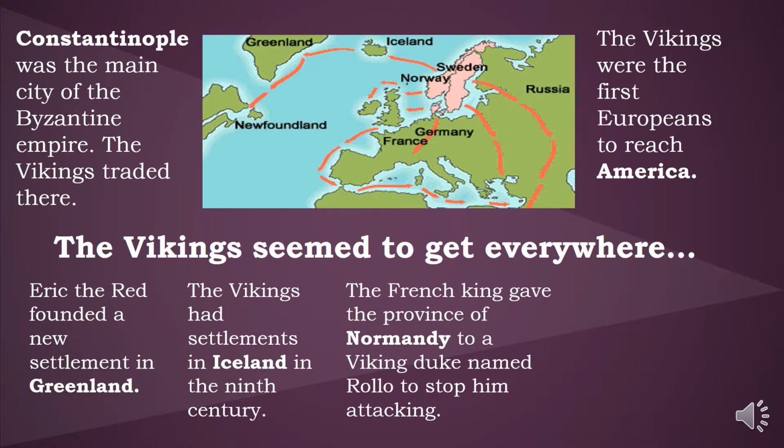The French king, this is a fun story. When the Vikings make their way to France, they are about to decimate the French king and the land, and the king makes a deal with a Viking duke. To stop this Viking duke from taking over, the French king is going to give the Viking duke land, and he's going to name that land Normandy.